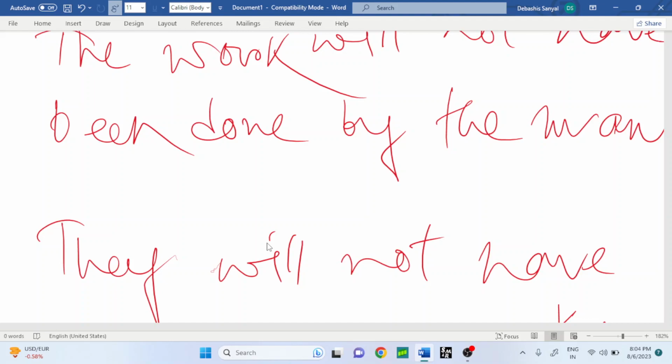Out of 12 we can get passive in only 8 structures: 3 in present tense, 3 in past tense, and in future only 2, future indefinite and future perfect tense. Generally there is no passive of future continuous tense, and generally there is no passive of future perfect continuous tense. And remember, there is no passive of present perfect continuous tense, and there is no passive of past perfect continuous tense.